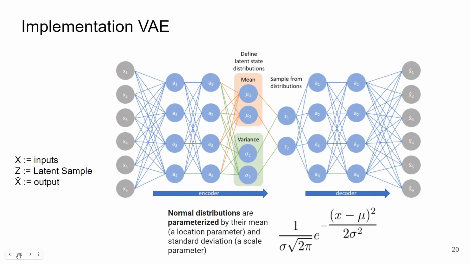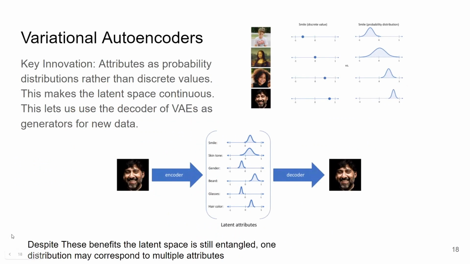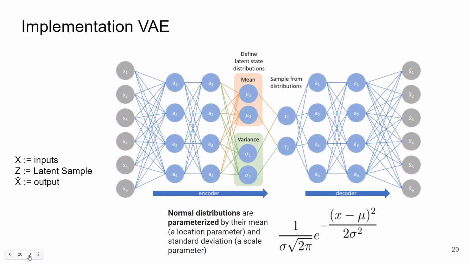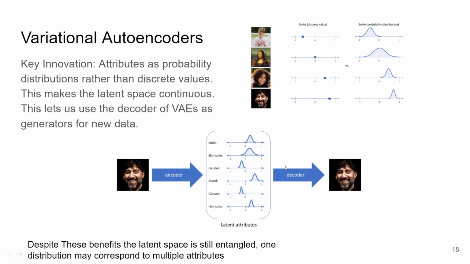Now, we want the output of our encoder to be one of these curves. How do we do that in a machine learning model? Simple. We create two distinct layers at the end of our encoder, one that represents the dimensions for the standard deviations, and one that represents the dimensions for the means. Keep in mind that this is not just a single dimension. Here we're showing each of the dimensions independently as its own curve, but in reality this can be like a 10-dimensional normal distribution.